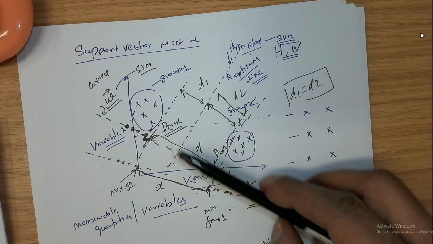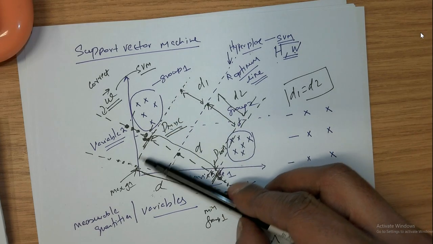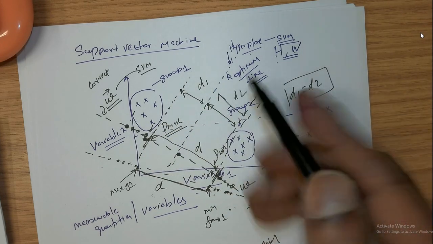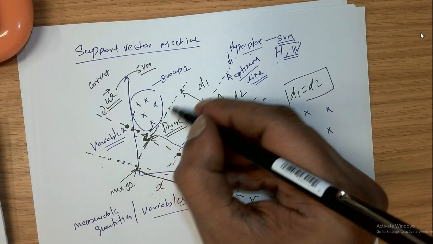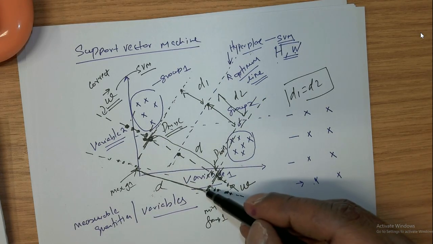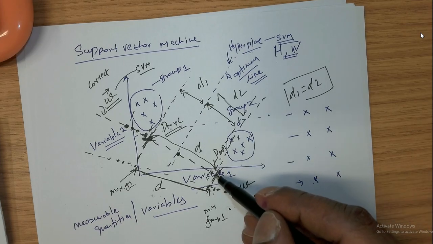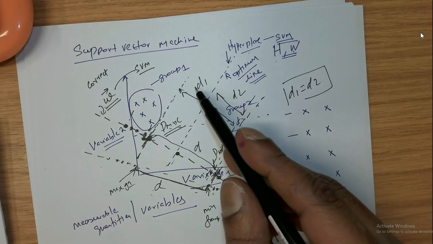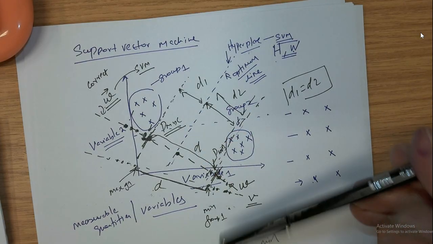So these lines are something called the support vectors. This dotted line which passes through the P max point, and the other line that passes through the P minimum that belongs to group 2. So these lines are called support vectors.